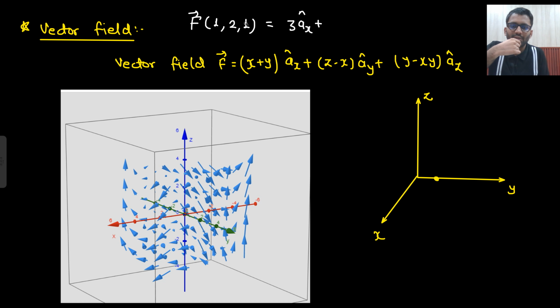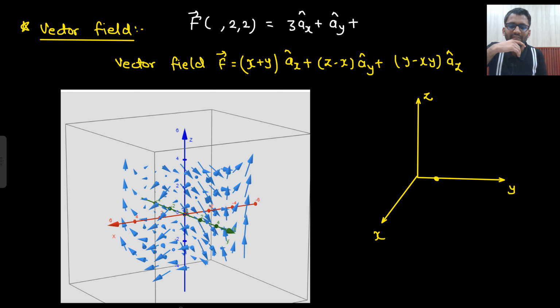So let's not make it 0, let's take it 2. You could have taken 0 as well, I just wanted to show all the coordinates, that's why I am not taking 0. So 2 minus 1 ay plus (y minus xy) az, 2 minus 2, now this is becoming 0.